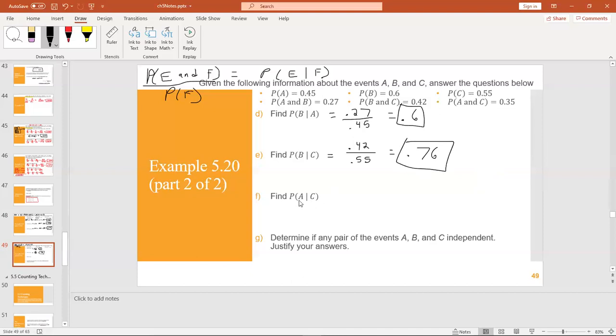And for this last one, probability of A given C, well, if you do A and C together, that's 0.35. You will divide that by the probability of C. The probability of C is 0.55. So 0.35 divided by 0.55 is 0.64 if you round it off.